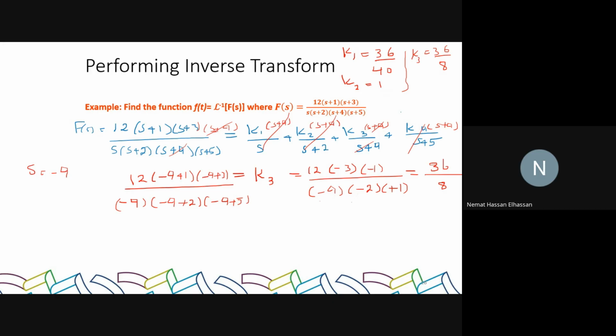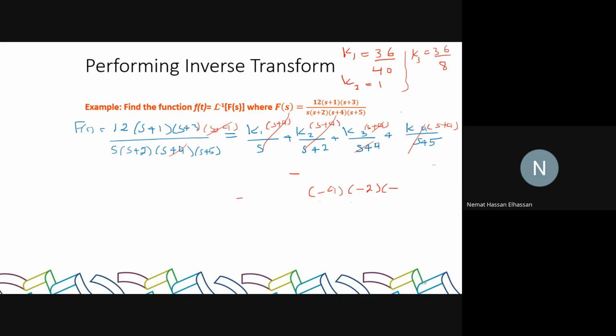Finally, let's evaluate K4. How do we get K4? Try it. So we'll multiply every term by S plus 5.